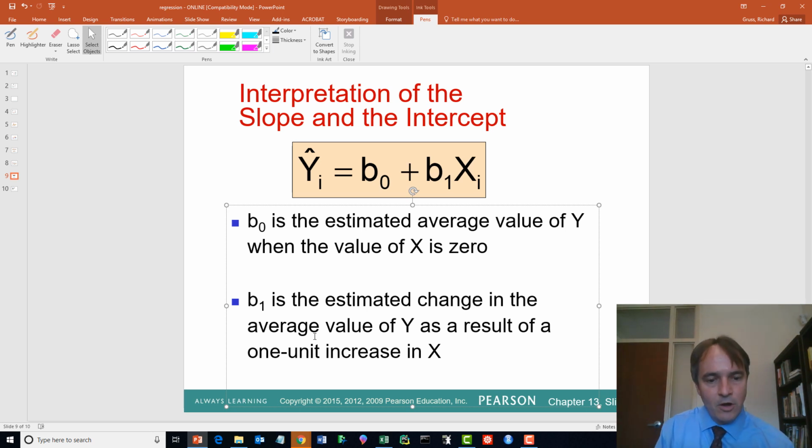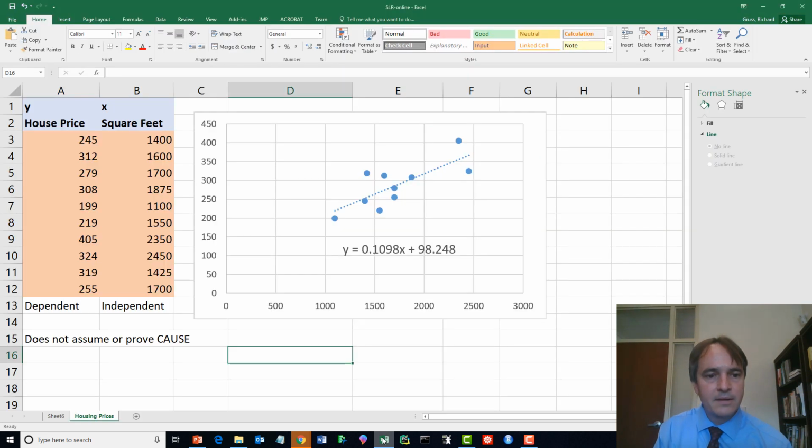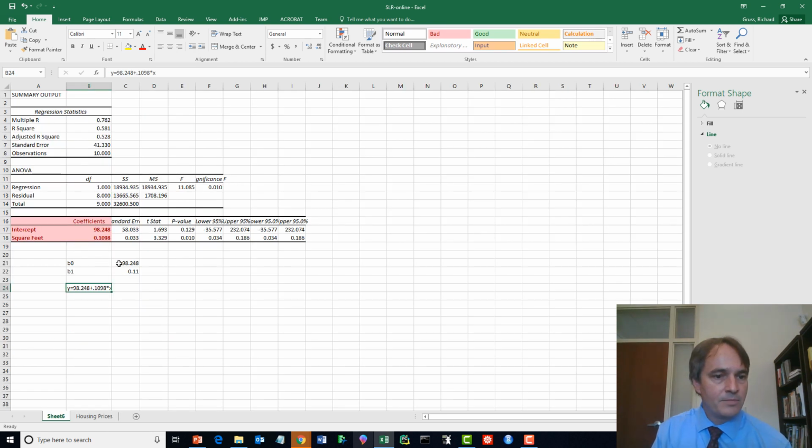Now this doesn't always make sense, but let's say for example here, our y-intercept, our beta naught right here, was 98.